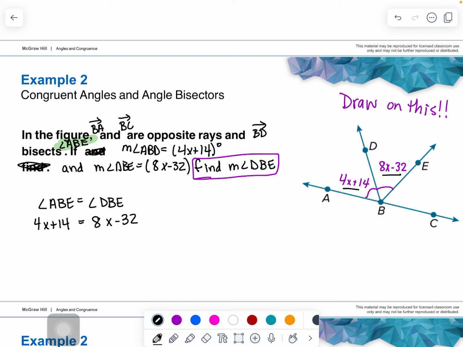So we're going to go ahead and solve it. We're going to subtract our 4x. We get 14 equals 4x minus 32. And then we're going to add our 32. We're going to get 46 equals 4x.